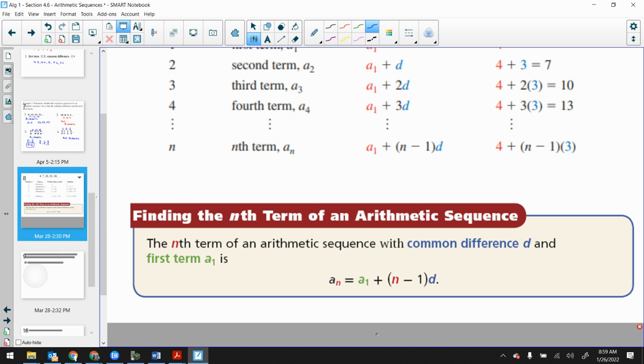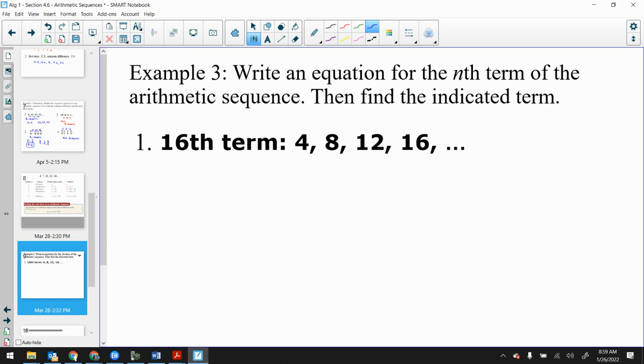So let's practice that a little bit. Write the equation and then find the indicated term. For the equation alone, a sub n is equal to a sub 1 plus n minus 1 times d. And I forgot to say this: for the quiz next Tuesday, you have to memorize 2 formulas.